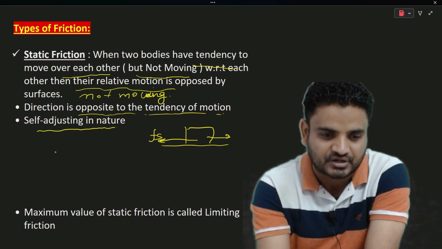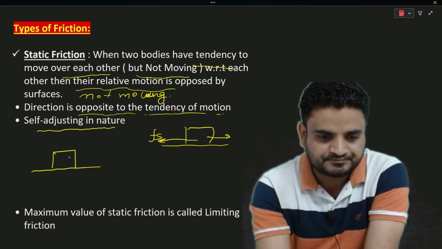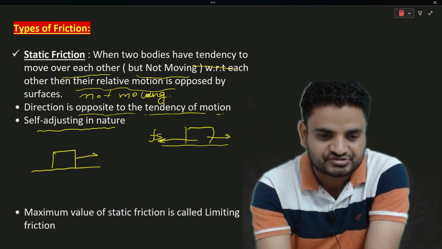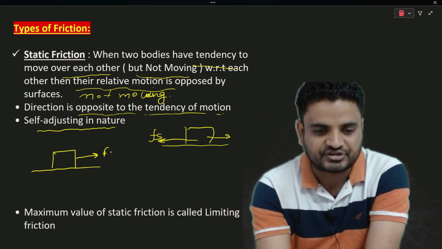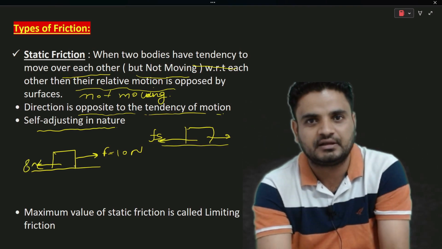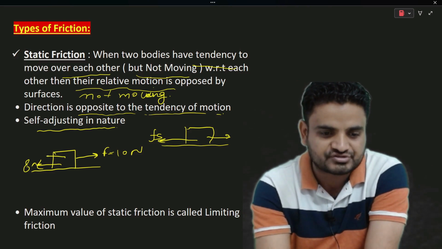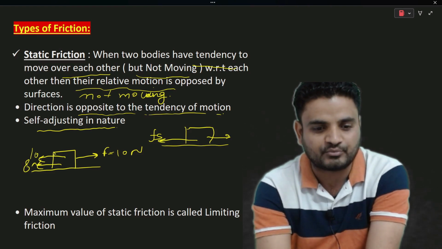Self-adjusting in nature, it means what? Suppose there is a block and we apply a force on the block, and the force required to move the block is, suppose, 10 Newton. Now, if the friction force is 8 Newton, what will happen? The block will move. If the friction force is equal to 10, both the external force and friction force are equal.